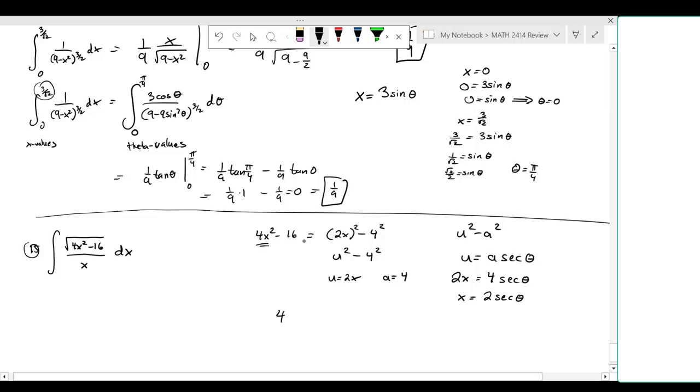The constant in our substitution should be something that you'll get 16 secant squared minus 16. That way you can factor out that constant that's common, and then use your Pythagorean identity there.